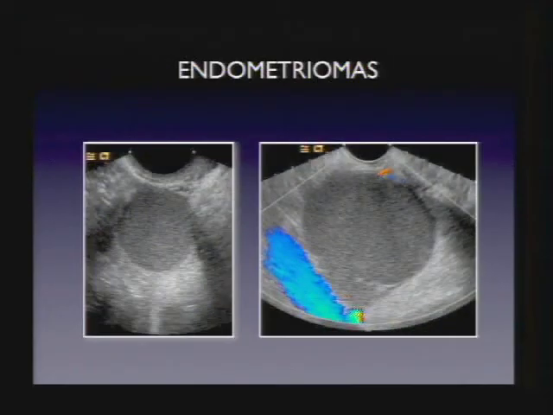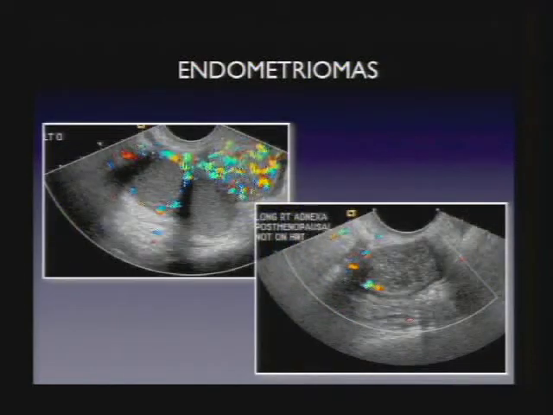So here's a typical appearance of an endometrioma: internal low-level echoes, good through transmission, and what you're looking for is any possible mural nodules or solid components, which would lead you to think of the possibility of malignancy or something developing within a benign endometrioma.